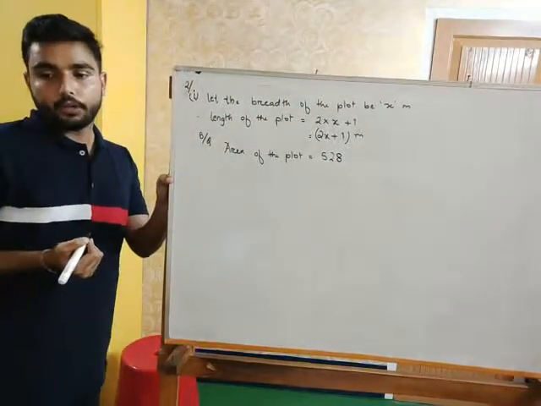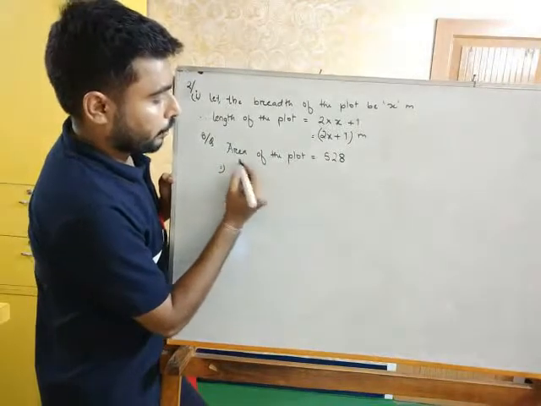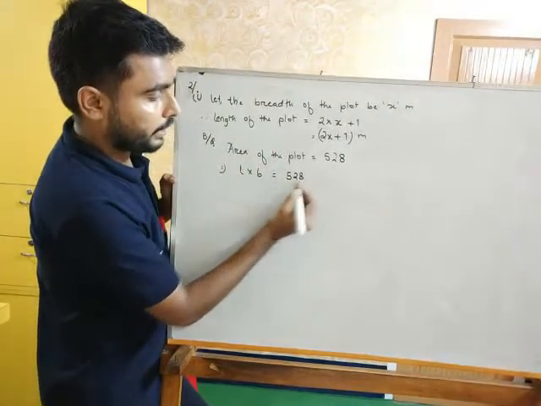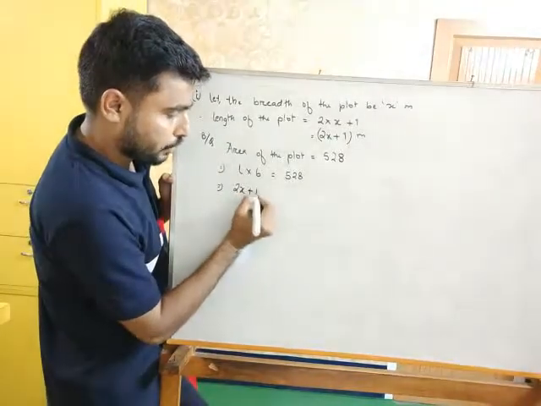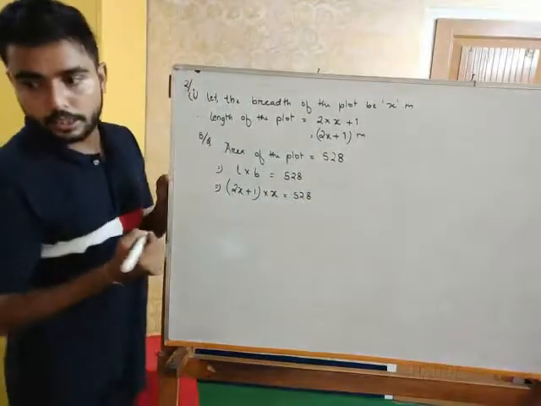So given area of the plot is 528 meters square. So length into breadth is equal to 528, which implies the length is twice x plus 1, into x, is equal to 528.